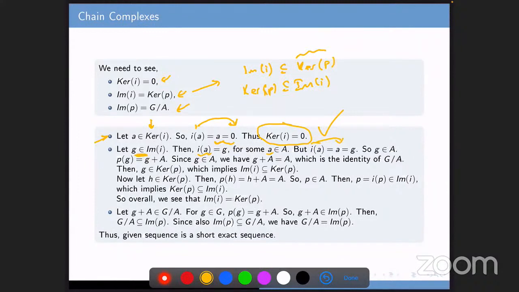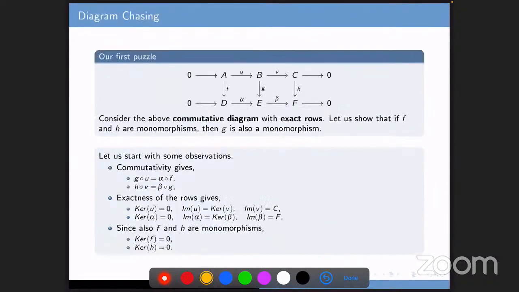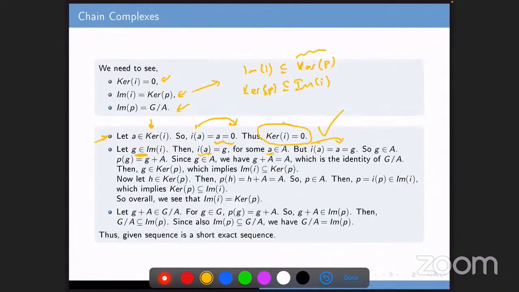This is just pretty straightforward. So g is an element of A too, because it's equal to a, right? An element of A. So P(g), now I'm taking this element g and trying to see where it lands, it lands on g plus A.